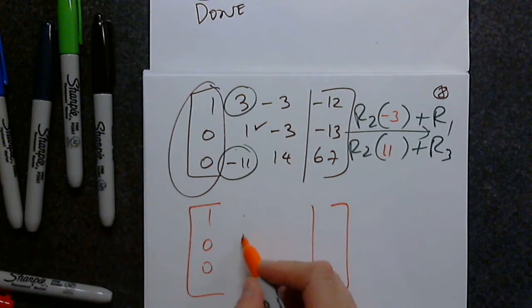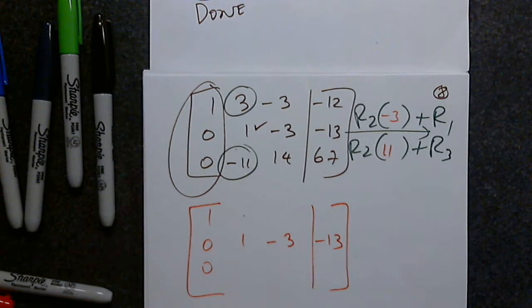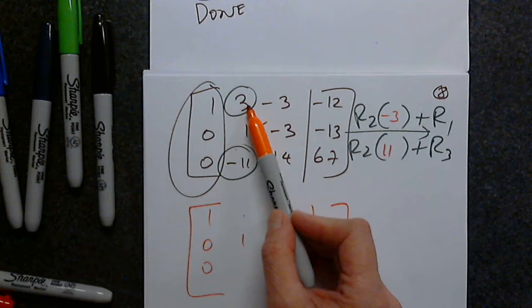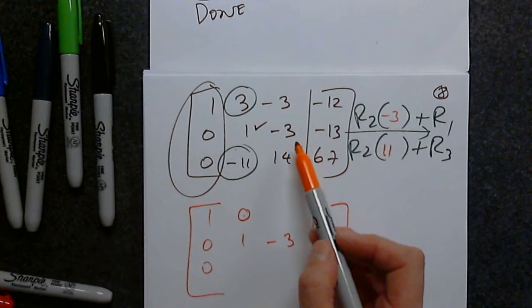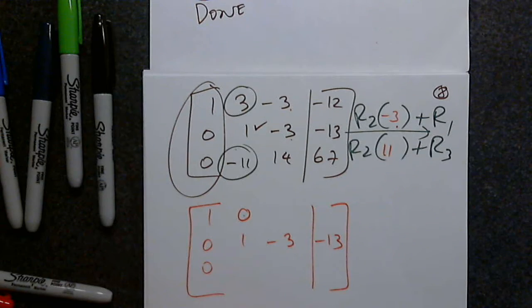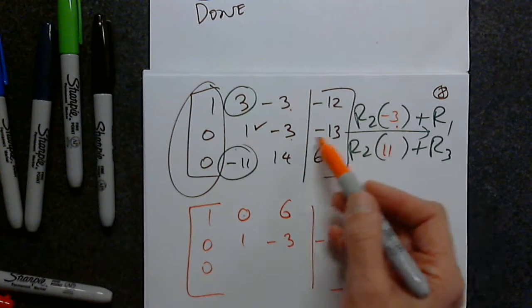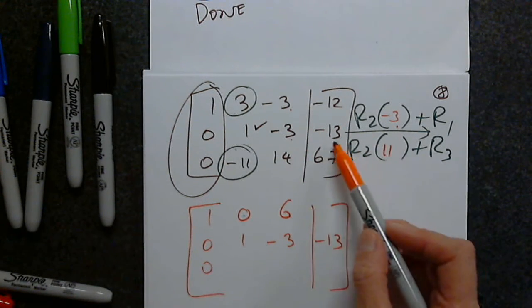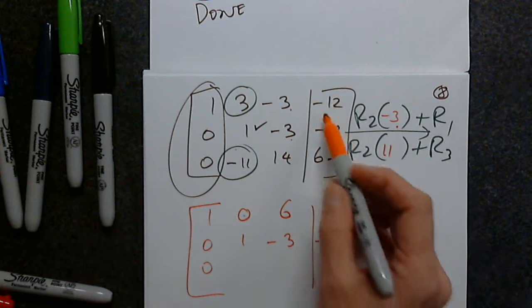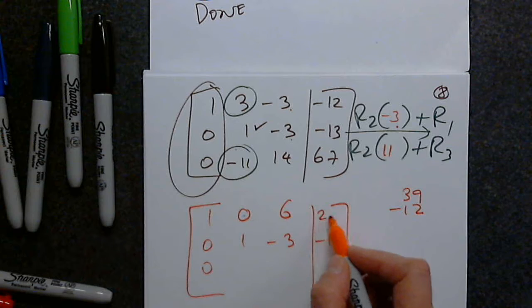So, perfect. So, awesome. So positive 9 minus 3 is 6. Positive 39 and minus 12. 27.